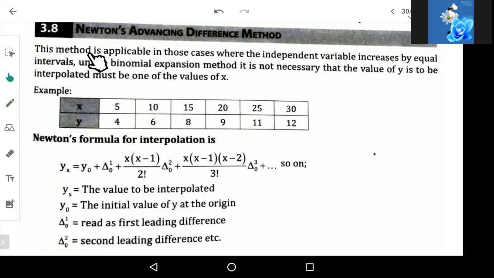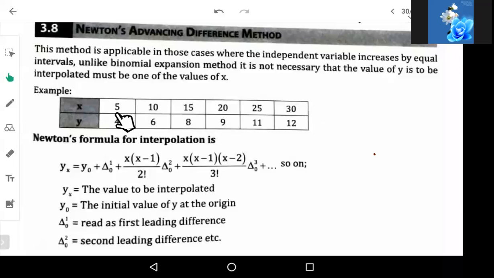This method is applicable in those cases where the independent variable increases by equal intervals. So here the independent variable, that is x, will increase equally. The gap between the first and the second year, the third and the fourth, the fifth and the sixth, and so on, will be equal.